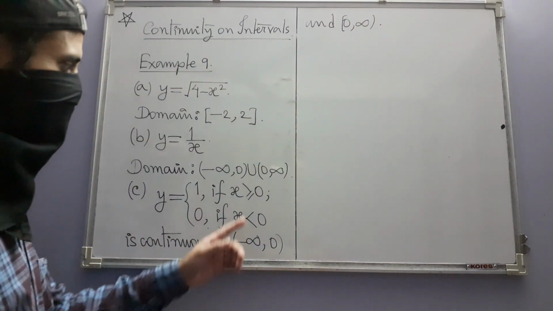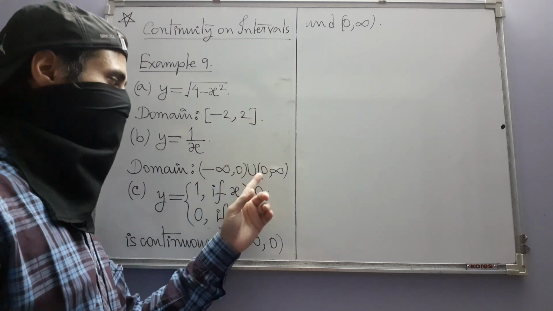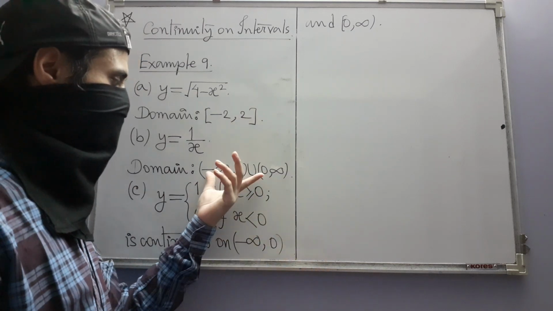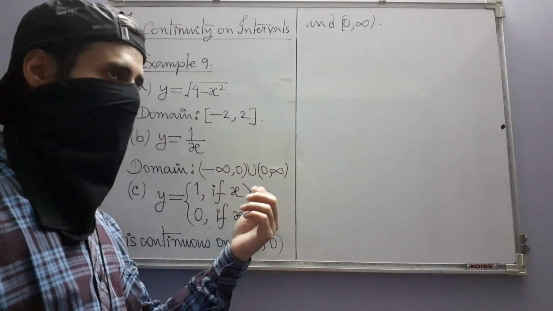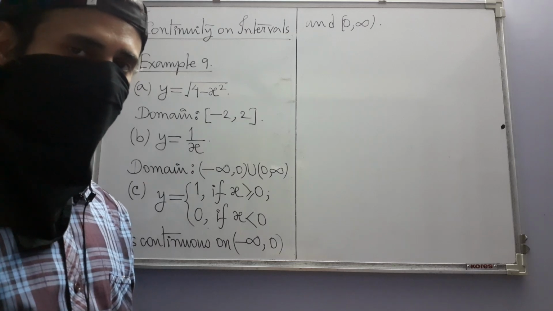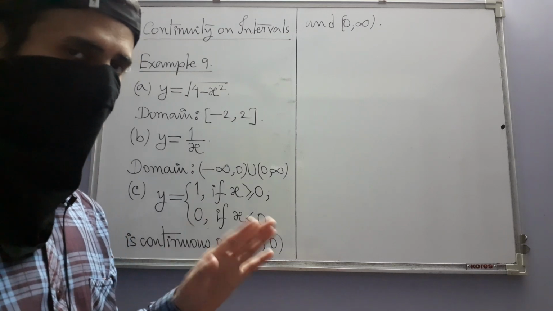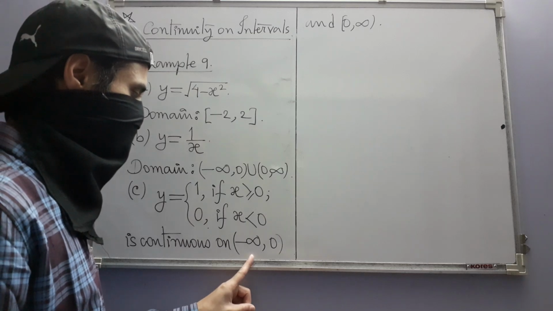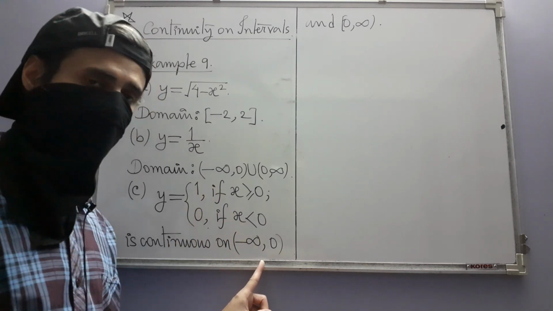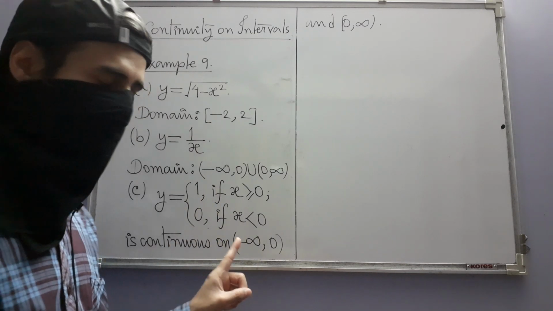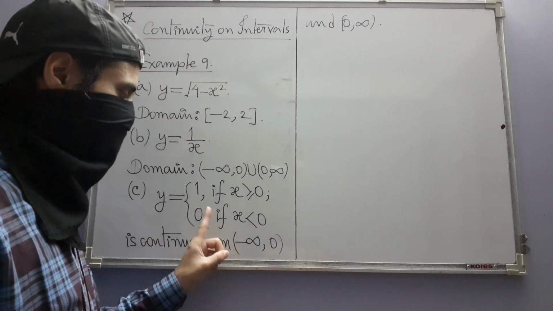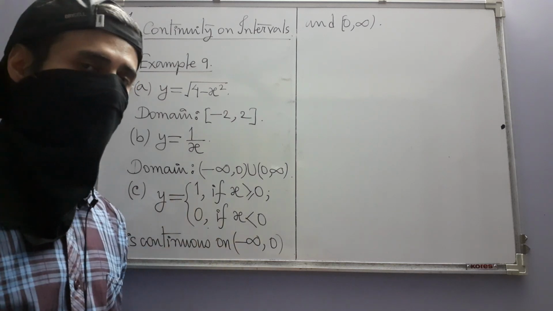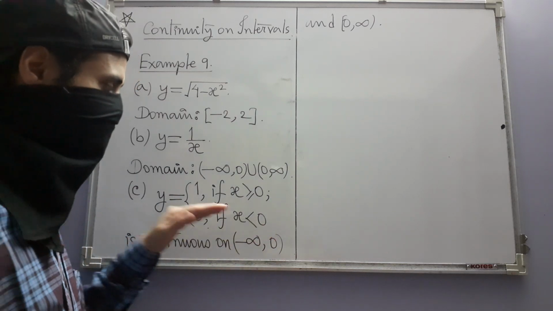So you see that unlike these two examples where every point in the domain is a point of continuity, if we want to call such points like that, here 0 is a point in the domain of this unit step function, but actually the function is not continuous at 0. We have seen this before, right?